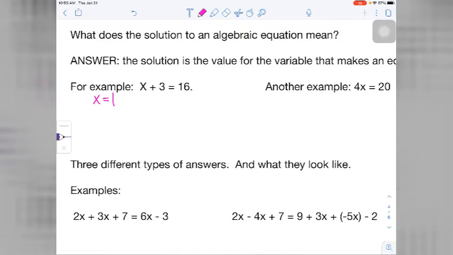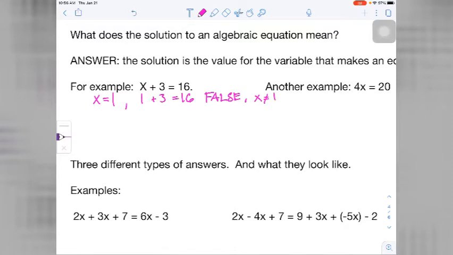Is that a true statement? Does 1 plus 3 equal 16? The answer is no. This is a false statement. 1 plus 3 does not equal 16. This is false. And therefore, x is not equal to 1.